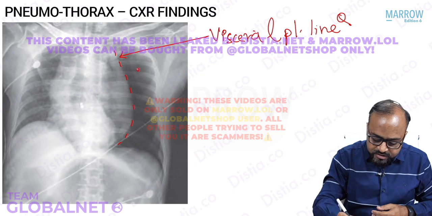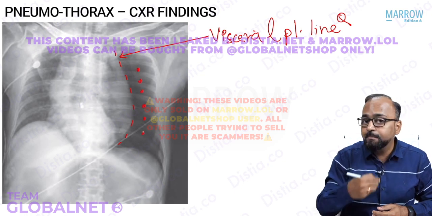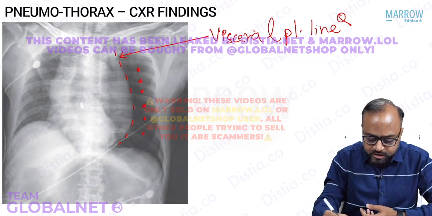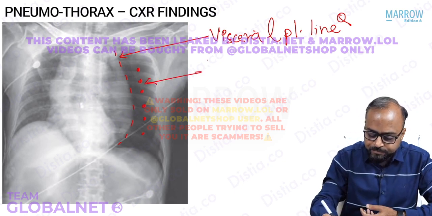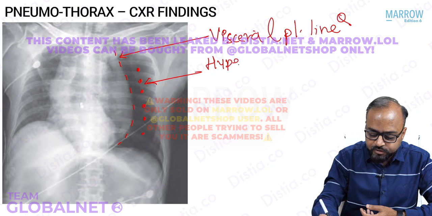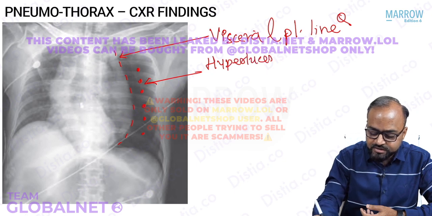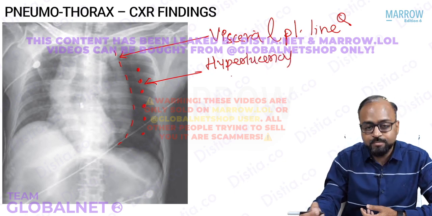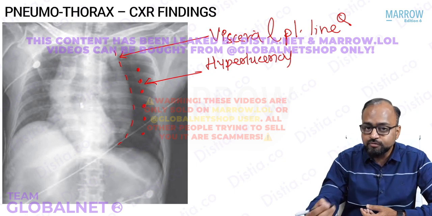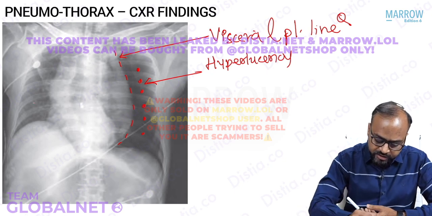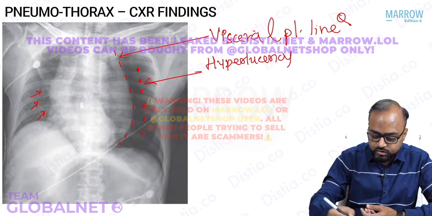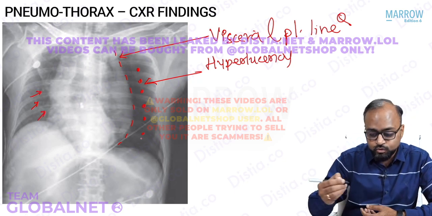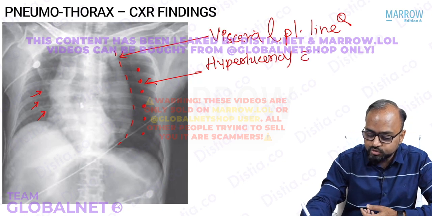Next, look at this area here. How is it appearing? It is appearing jet black, excessively black, isn't it? So that is called hyperlucency, right? Lucency means blackness. Hyper means excessively black, so hyperlucency. And if you watch carefully, in the right lung field you are able to see the vascular markings, but in this area of the pneumothorax there are no vascular markings.